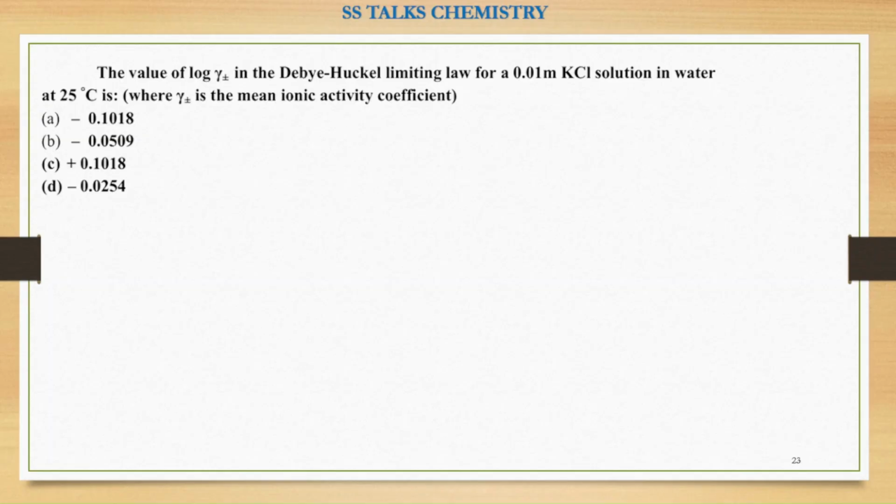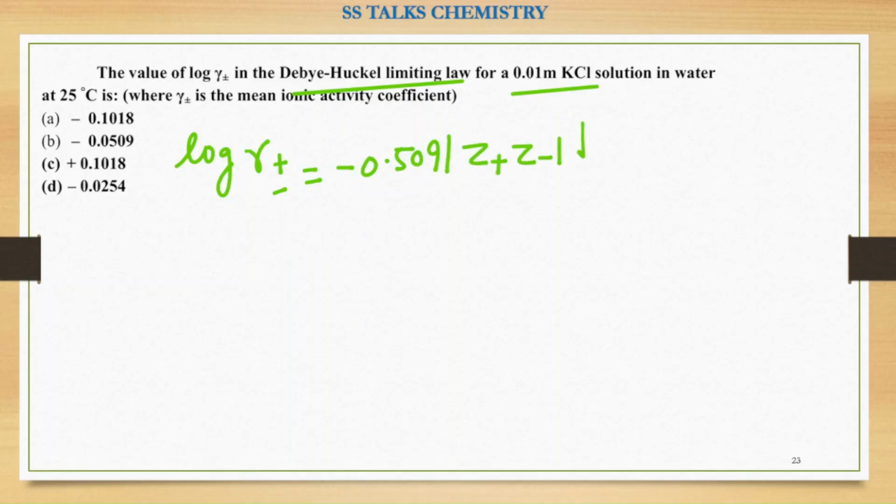It says: the value of log gamma plus minus in the Debye-Huckel limiting law for a this much molar KCl solution in water. Okay, so according to the Debye-Huckel limiting law, log of gamma plus minus is equal to minus 0.509 into the charges, Z plus and Z minus, into the root of the ionic strength.